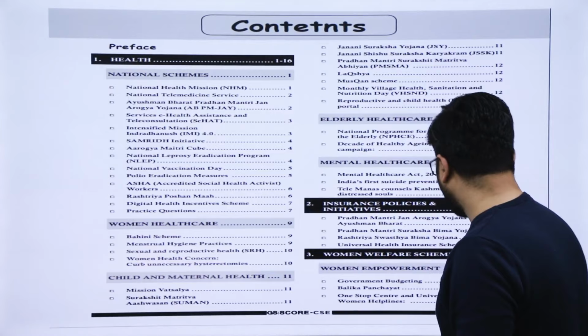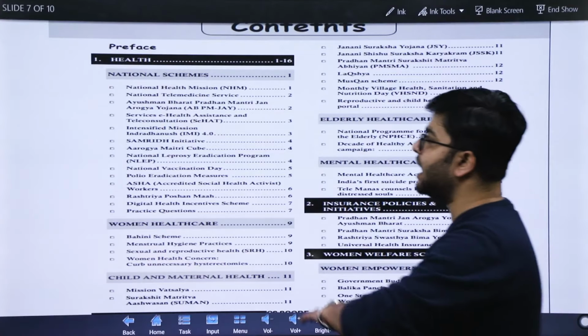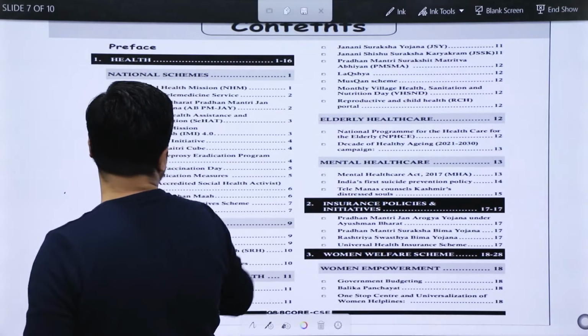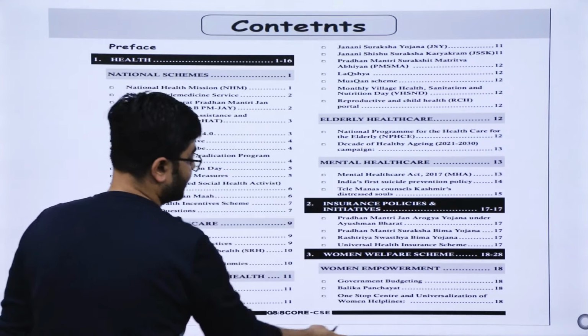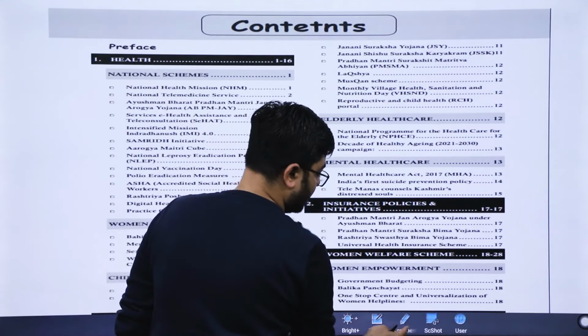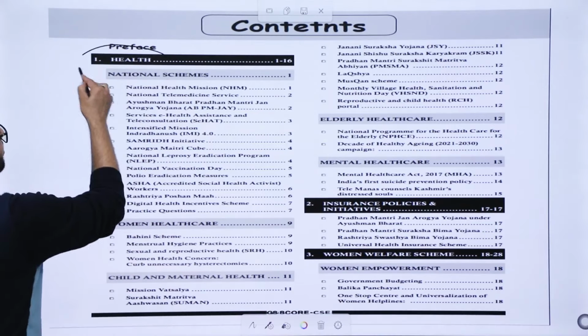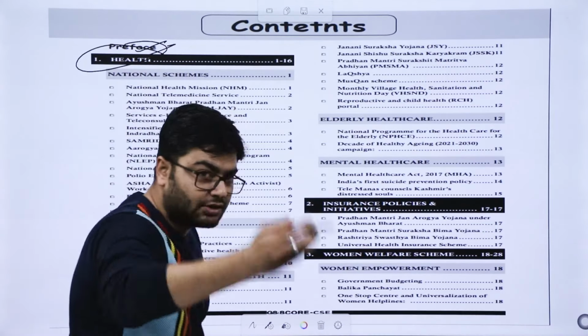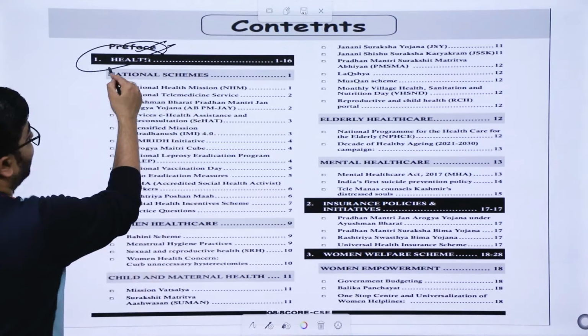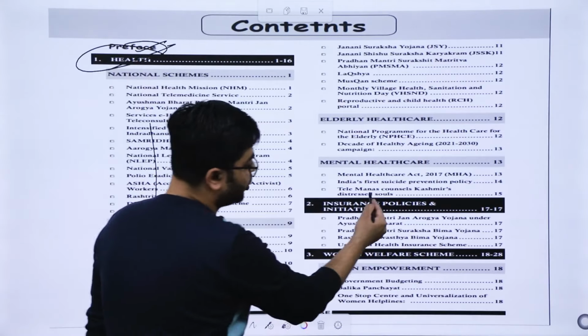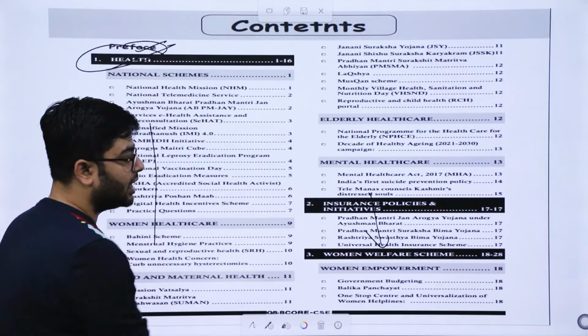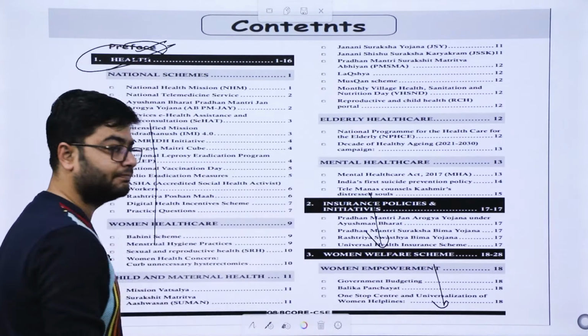Okay. Now, if you look at the indexing, and I have a screen grab of the indexing as well here for you, right, to show you. See, there is a preface to help you guide through the book. The health sector, insurance and policies initiatives, women welfare schemes.